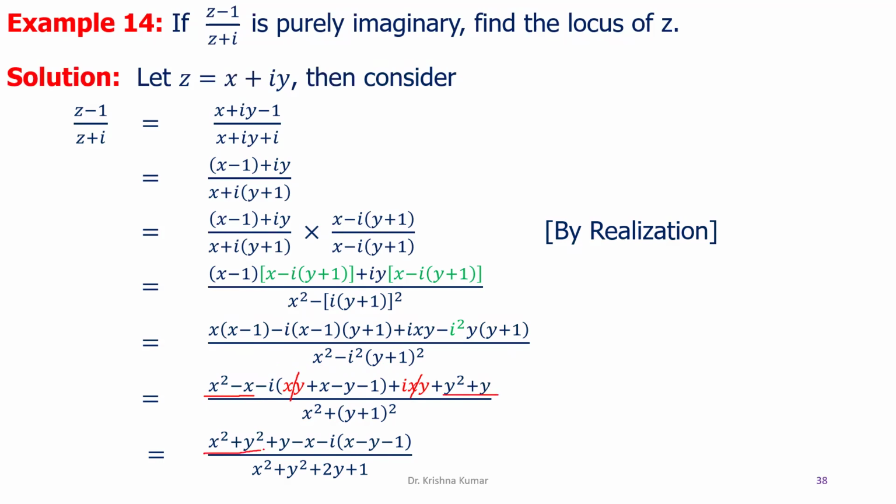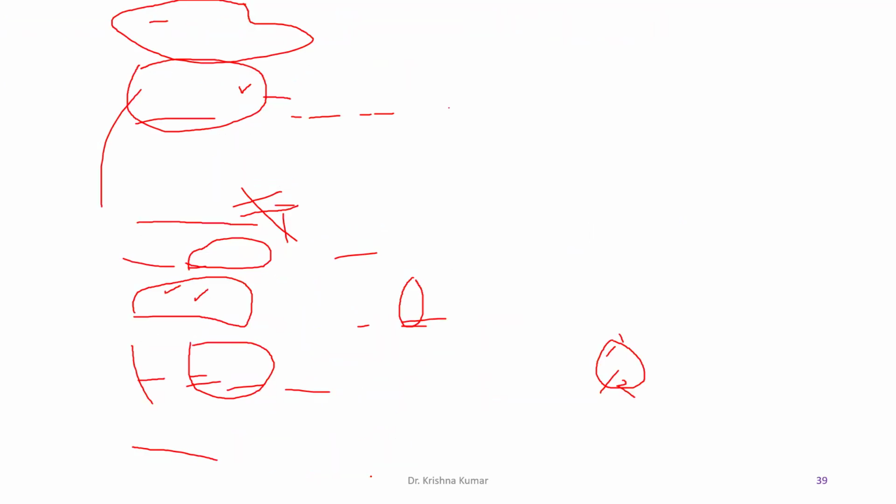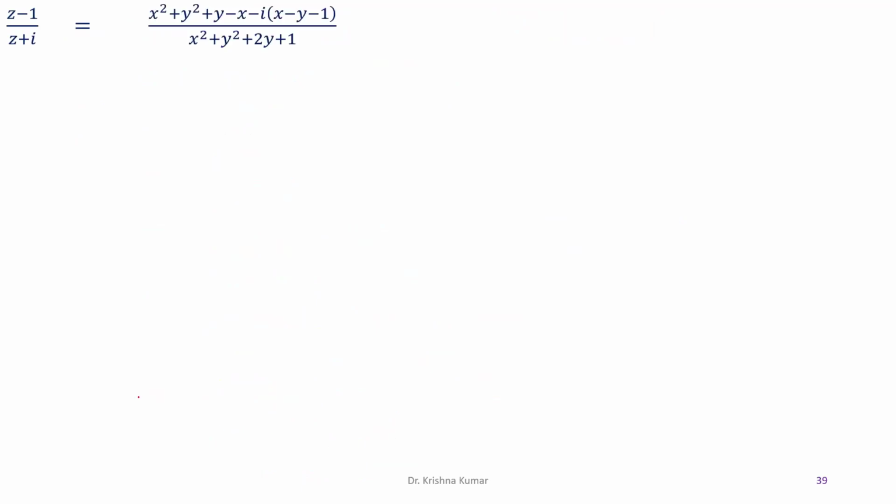The imaginary part is minus of i times (x minus y minus 1), whole divided by x square plus (y plus 1) whole square, which is y square plus 2y plus 1. So (z minus 1) upon (z plus i) equals (x square plus y square minus x) minus i times (x minus y minus 1), upon (x square plus y square plus 2y plus 1).